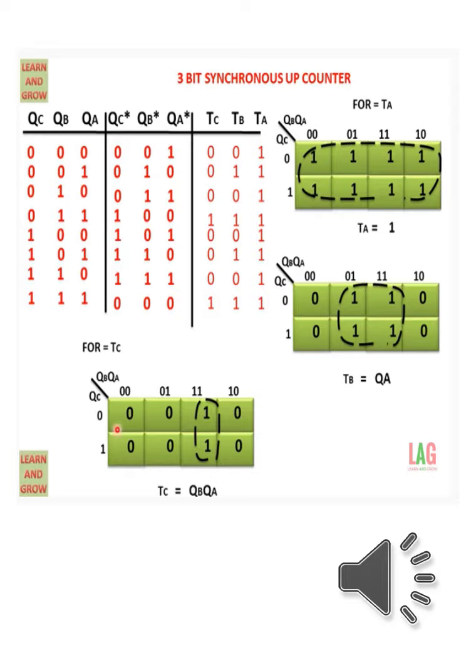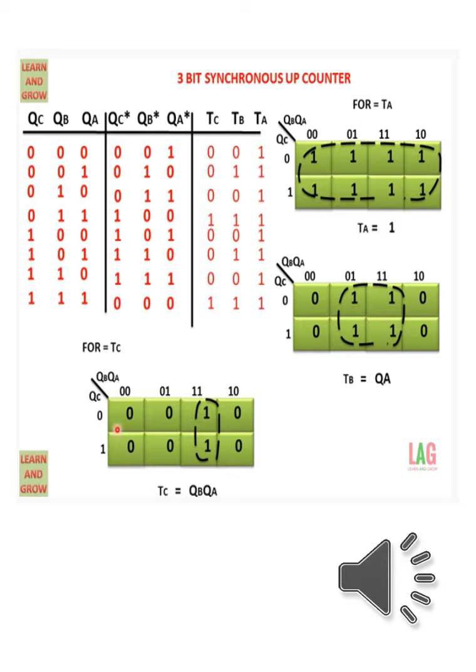I think the reduction we have given in a K-map here. So TA is equal to 1, TB is equal to QA and TC is equal to QA into QB. Okay, have you understood? So this is the way we write the K-map reduction.